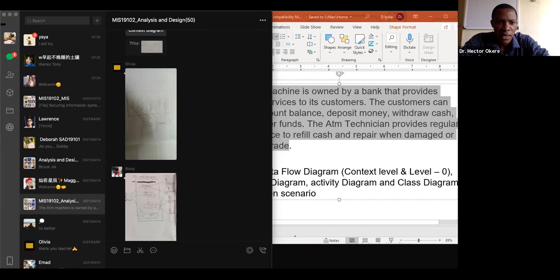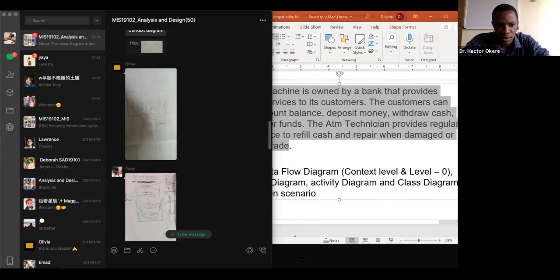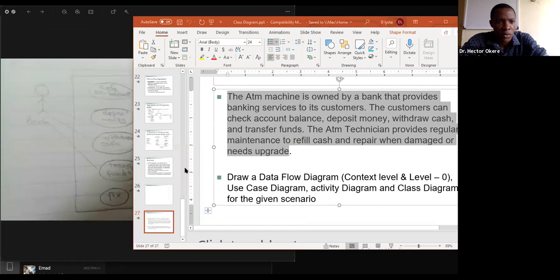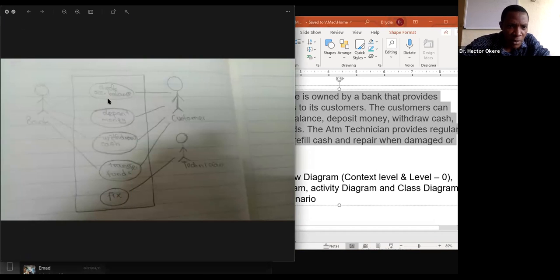Let's take a look at this. Check balance, deposit money, withdraw, transfer, fix.